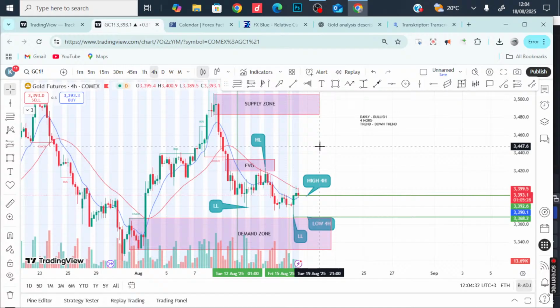So since this is a downward trend and yet it has already created a lower low, it means that the market is going to look for a higher low. And where will this higher low start from? So we come to the Fibonacci tool.